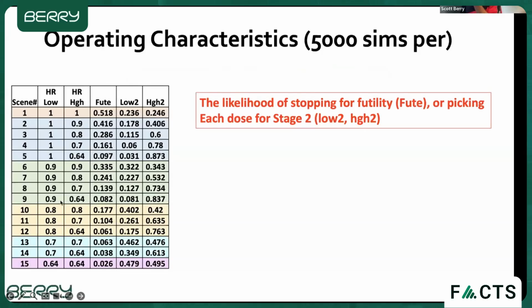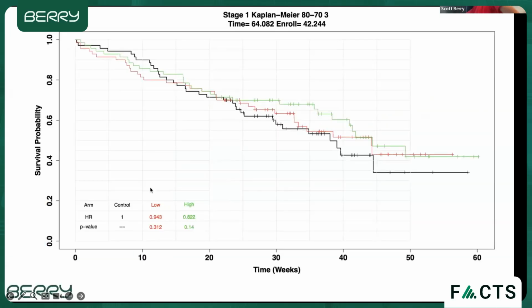So if you go forward with 0.9 and 0.7 as the two doses, 13% chance of futility, 12% chance you go forward with the low dose, which is 0.9, and 73% you go forward with the high dose. And then I showed them some example trials.